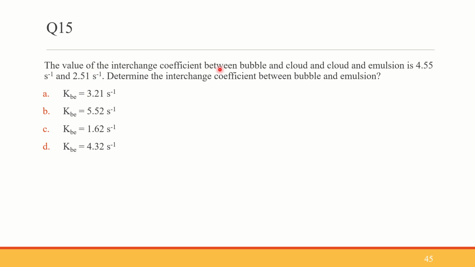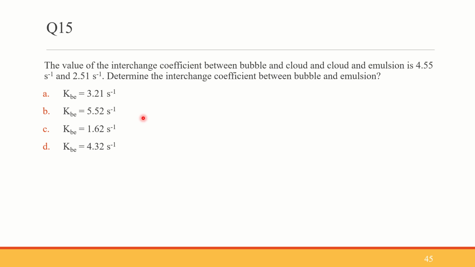The value of interchange coefficient between bubble and cloud and emulsion, that is KBC, is 4.55 per second and KCE is 2.51 per second. Determine the interchange coefficient between bubble and emulsion. So KBE is equal to KBC into KCE divided by KBC plus KCE, or in other words 1 by KBE is equal to 1 by KBC plus 1 by KCE.